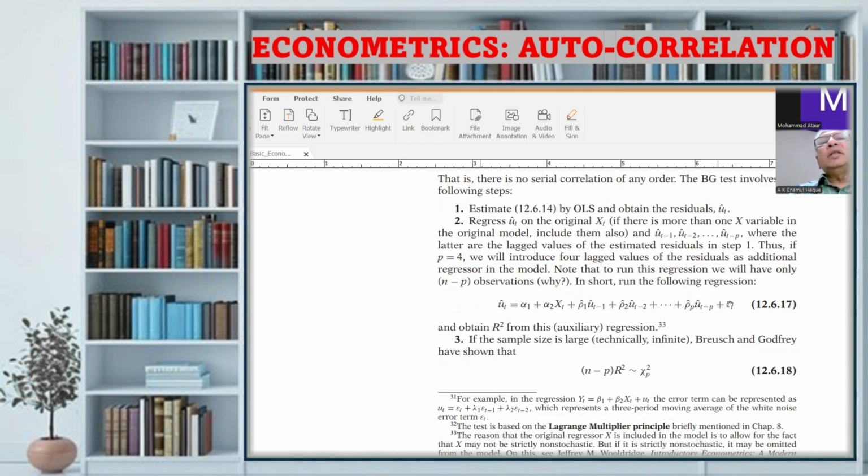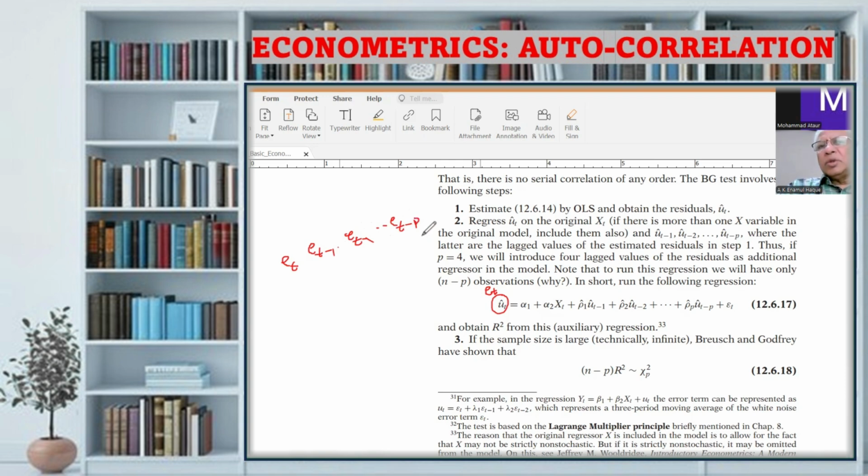He said, run this model. What is this model? You have Et, remember my E is the U hat. So run Et on Et minus 1, on Et minus 2, up to Et minus P, up to whatever lag you think about it.